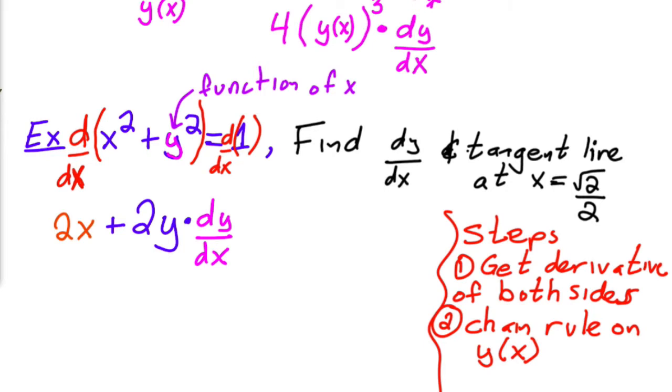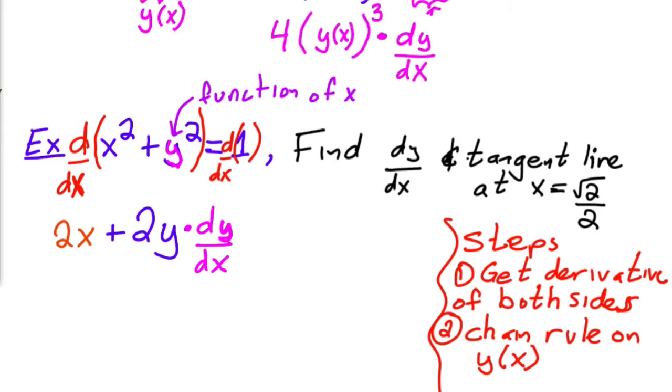So when you get the derivative of it, you have to use the chain rule, which means you bring down the 2, you leave the inside alone, so you leave the y alone, like we did right here, and then times the derivative of y, but since you don't know what it is, you symbolize it with dy over dx.